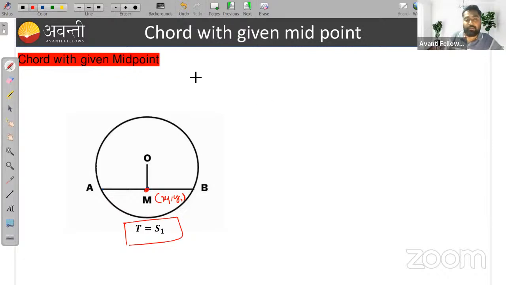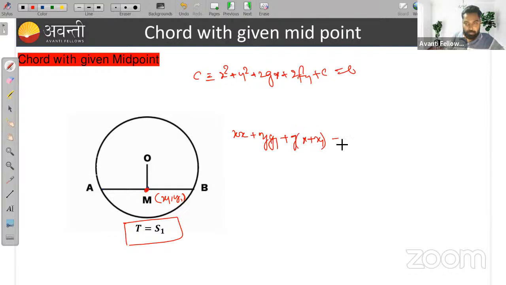Suppose you have the equation of circle x square plus y square plus 2gx plus 2fy plus c is equal to 0. Then T will be, just replace x square by xx1, that is xx1 plus yy1 plus 2g into (x plus x1) by 2, that is g into (x plus x1), plus f into (y plus y1) plus c is equal to S1.